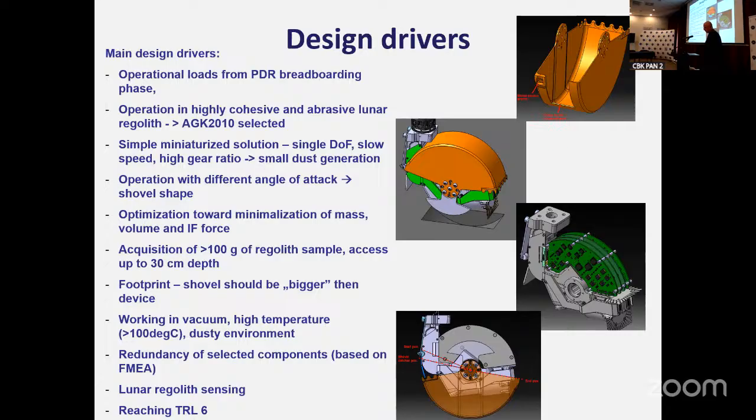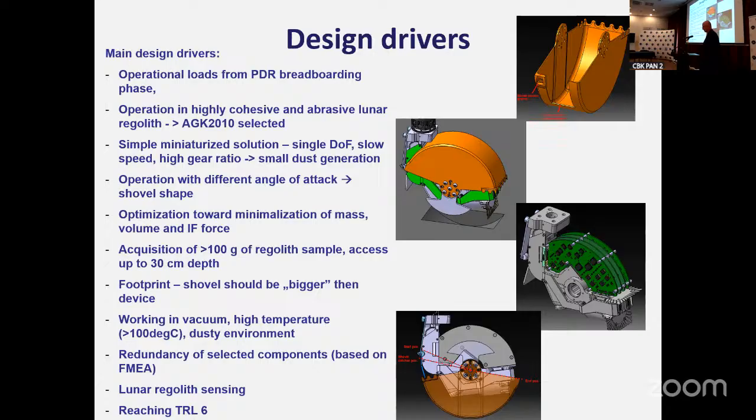We wanted to minimize the mass, volume, and force on the interface. We wanted to collect around 200 grams of regolith per operation, and dig up to 30 centimeters depth. If you remember from one of my first slides, at the level of 30 centimeters we have regolith with relative density around 90% or 95%.